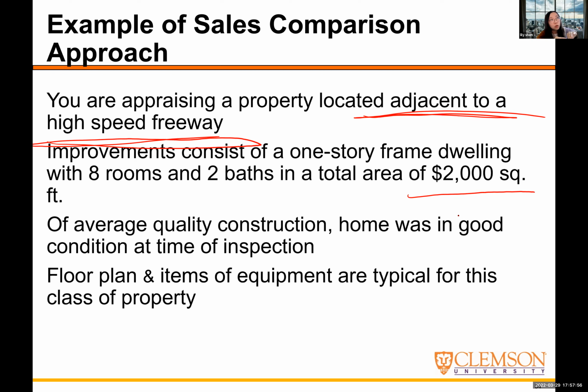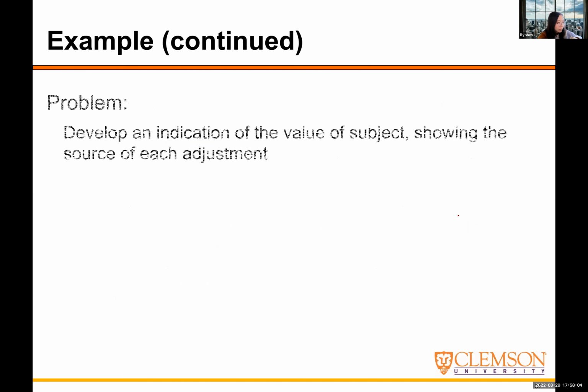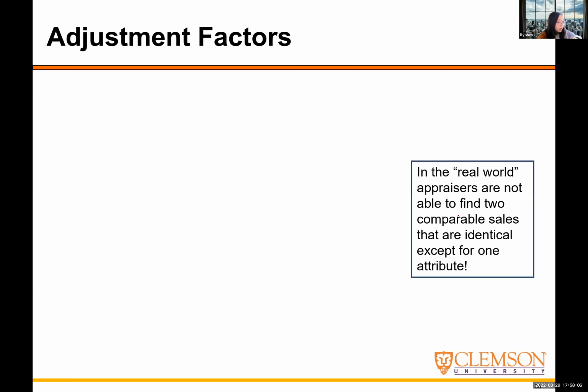Remember the previous problem. We need to find out how much the market appreciated in the past year. For the sake of time, I'm not going to go over the detailed calculation, but you need to know how to do it.